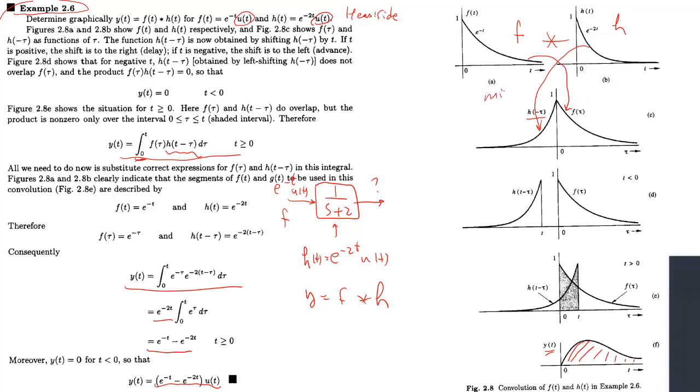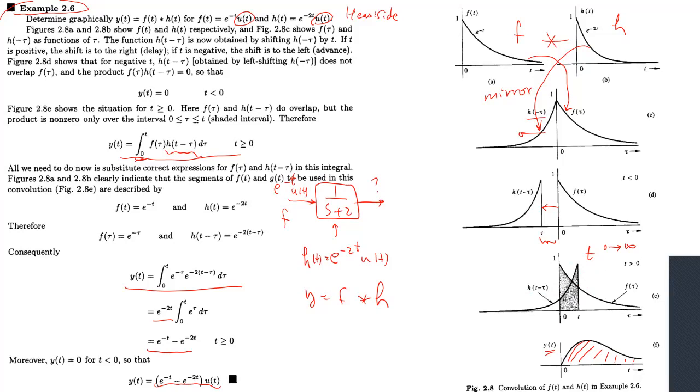It's a mirror, a reverse of the time axis. But I need to shift it such that I get a t in here. After that, I'm going to multiply these together. So I let this t move from 0 to infinity.